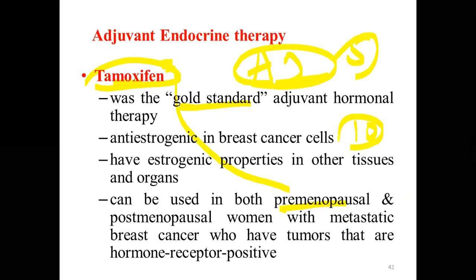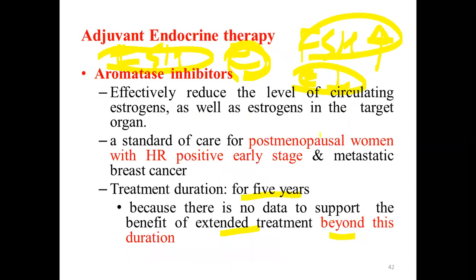If you give it for 10 years, there is normally a longer survival time as compared to the 5 years of treatment. So nowadays even the guideline recommends you consider giving a minimum of 10 years. But beyond that, there is no evidence to support the benefit of giving beyond 10 years. So tamoxifen should be given for 10 years, but aromatase enzyme inhibitor has to be given for 5 years.